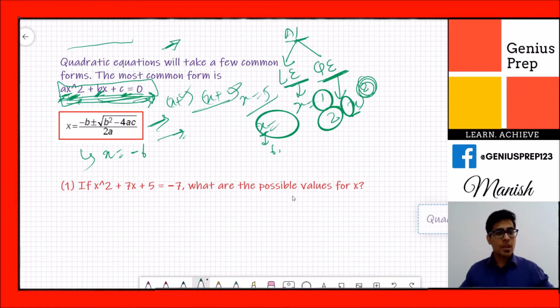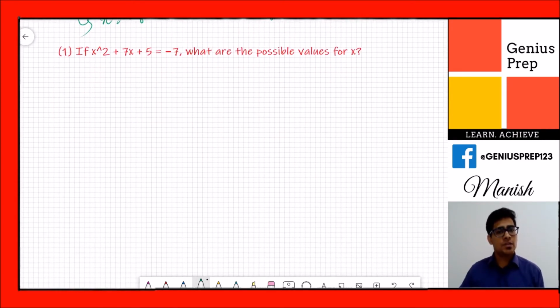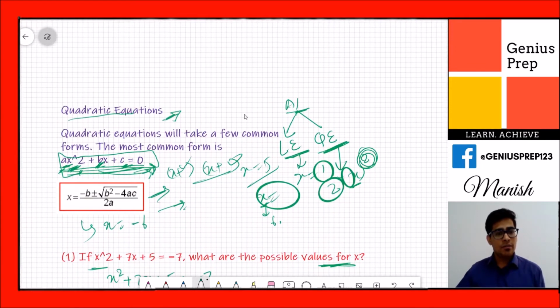Let's get started with the very first example. Our example says x square plus 7x plus 5 is equal to minus 7, and we have to find the value of x. We can use the formula only if we have the equation in this form, meaning one side should be 0.